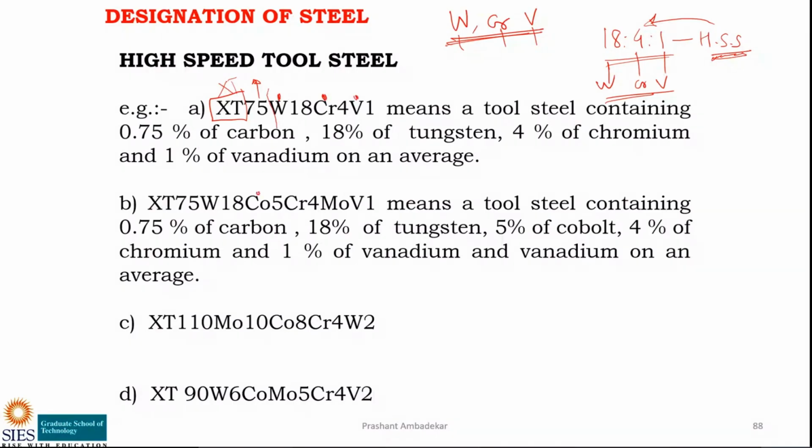You can see cobalt, chromium, vanadium. Cobalt is also used as tool material. So whenever you get tool materials like tungsten, chromium, vanadium, cobalt, then we can identify that it should be high speed tool steel. It should be high speed tool steel only, if the alloying elements are tungsten, chromium, or vanadium.